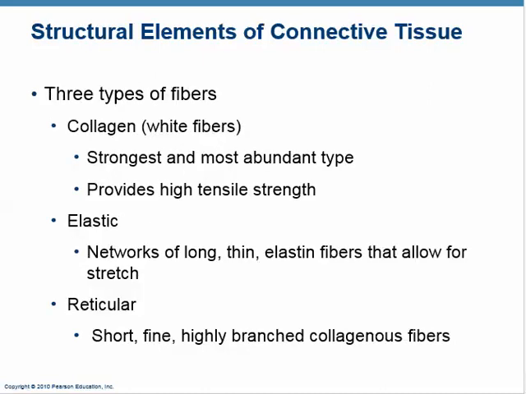And the fibers are really proteins. They're fibrous proteins. And there are three types of them. It's interesting, I'll throw this out to you. Whenever I see a list of three things, it really begs for a multiple choice question: which of the following is not?